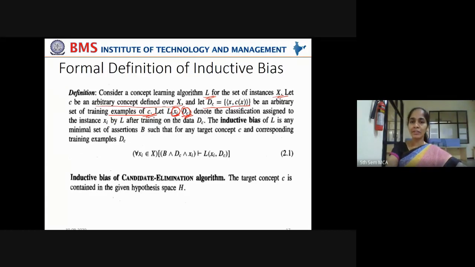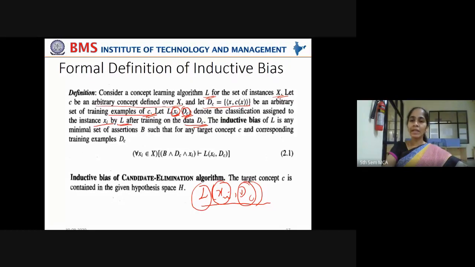How do we read L of xi, DC? This denotes the classification assigned to instance xi by the learner L after learning from the training examples DC.